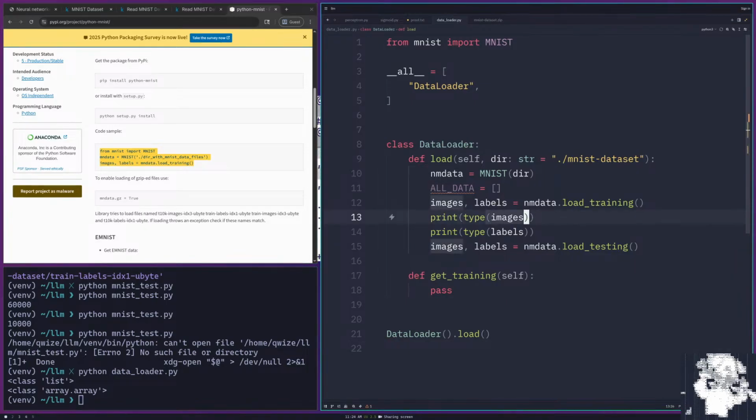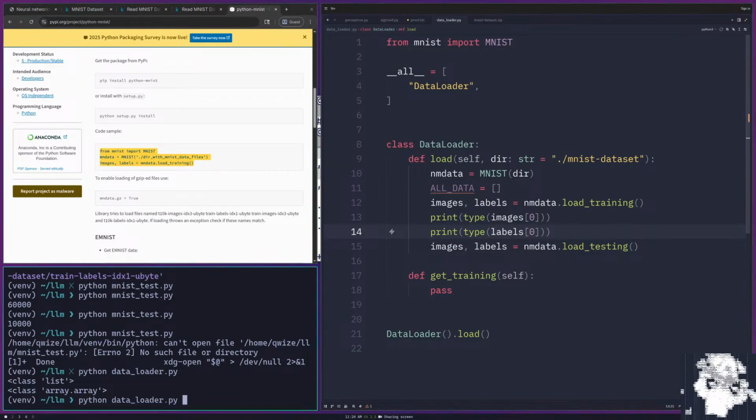Print type of images of 0 and array of labels of 0.